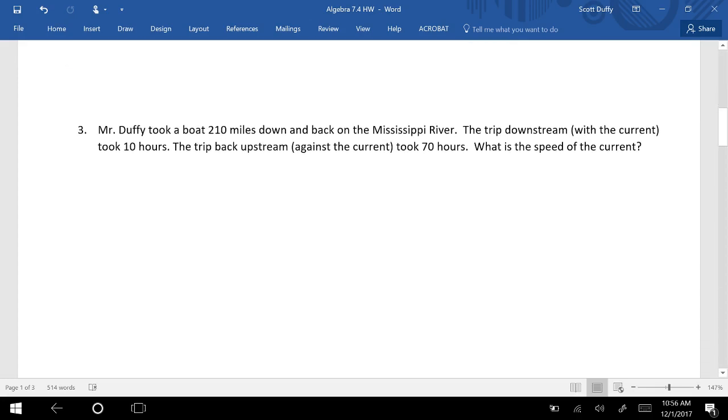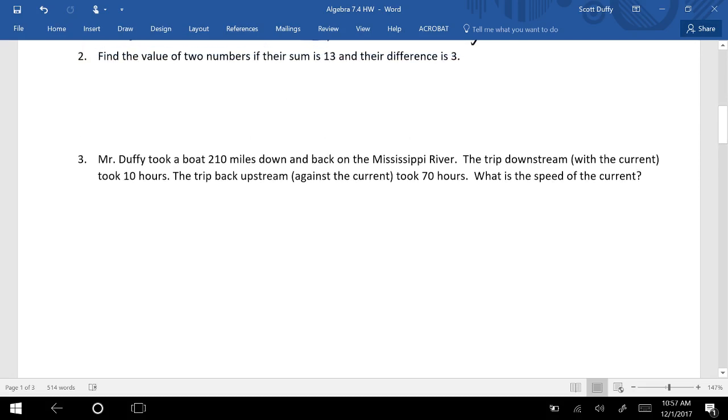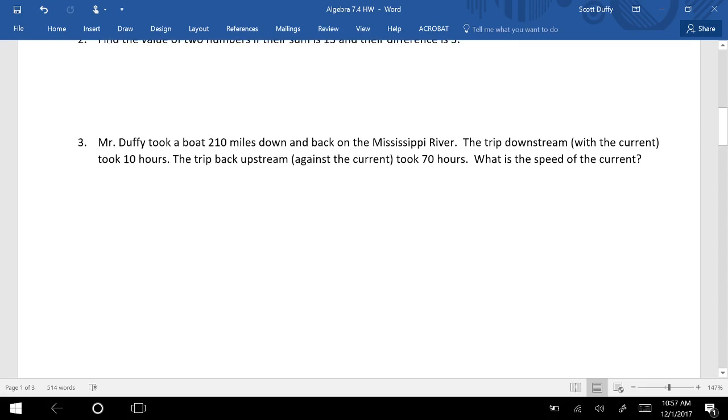Now, number 3, bear with me because this is a tough one to understand. Before I explain this, I'm going to just write down in this space up here what we're talking about. Now, if I take a boat downstream, that's my little canoe. There is me sitting in the canoe, and I'm going downstream, and I say that the boat has a rate of, let's say, 10 miles per hour.